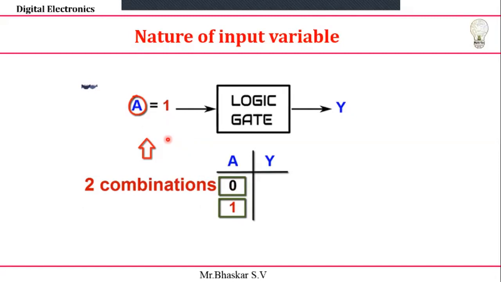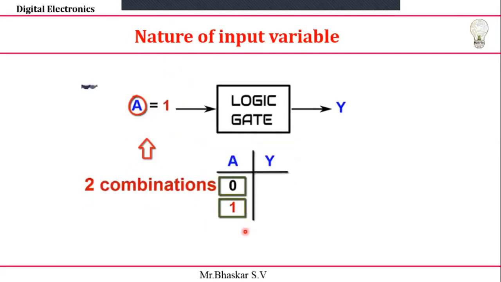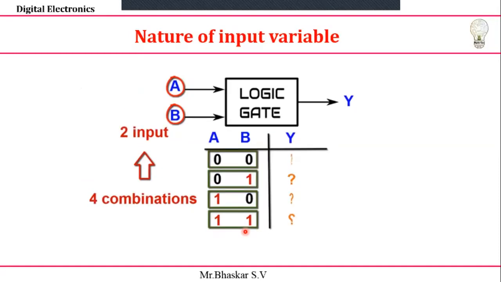Suppose the second one consists of two inputs, A and B. In this case, how many combinations can I get? Totally I can get four combinations: 0 0, 0 1, 1 0 and 1 1. So for one input variable we have 2, and for two input variables we have 4 combinations.